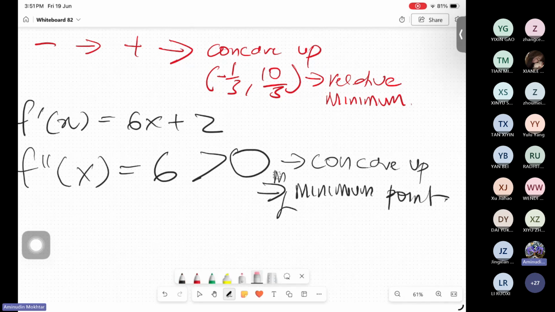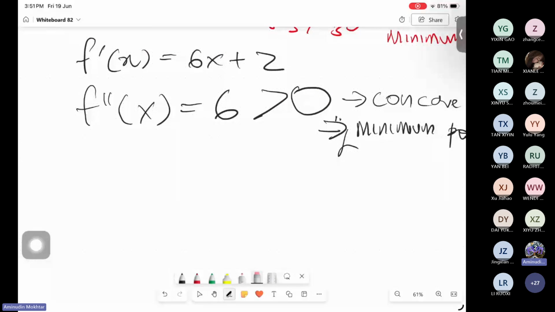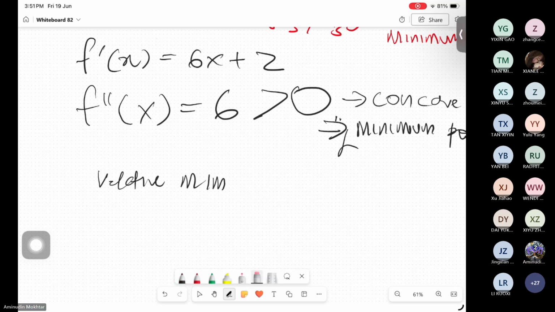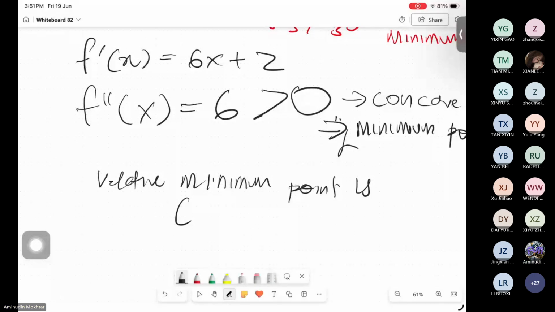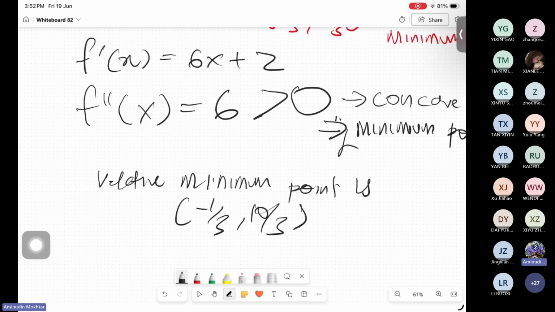So we can conclude that the relative minimum point for this function is negative 1 over 3 and positive 10 over 3.